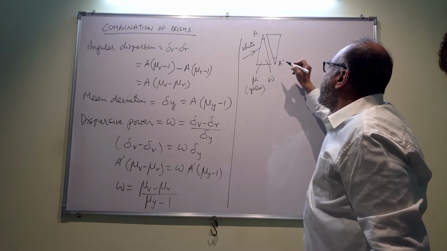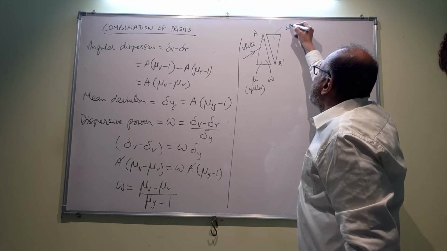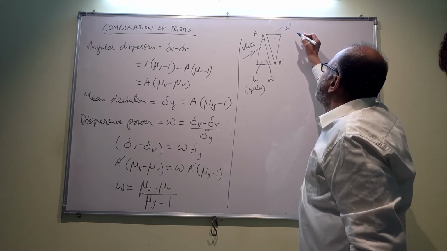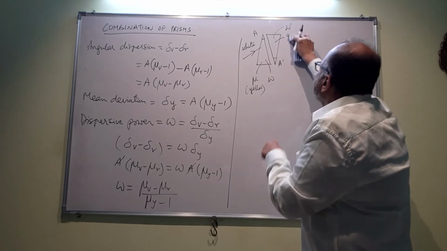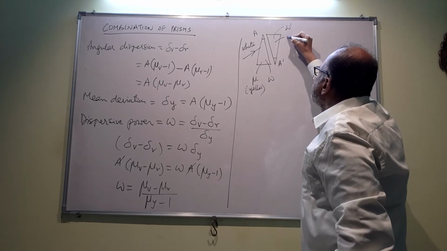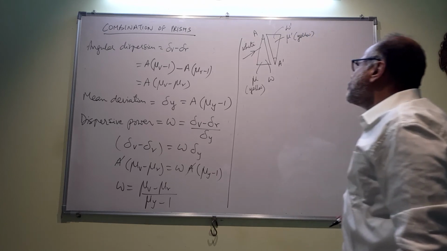For the second prism it is A dash, the dispersive power is omega dash, and the refractive index is mu dash, again for the yellow light.